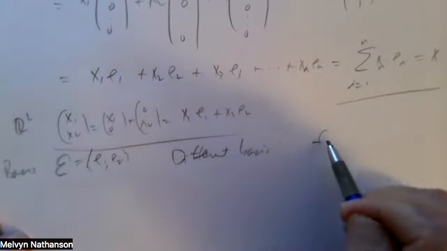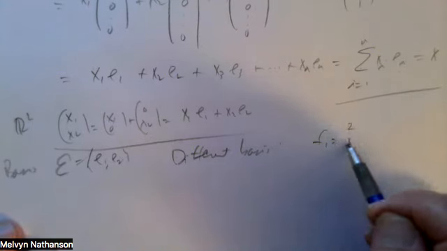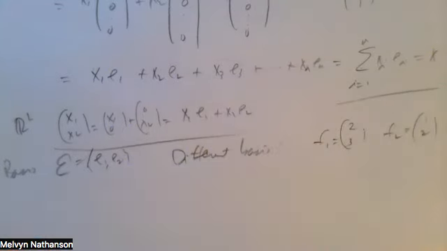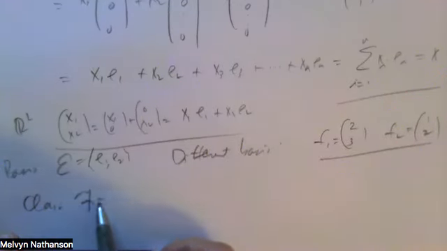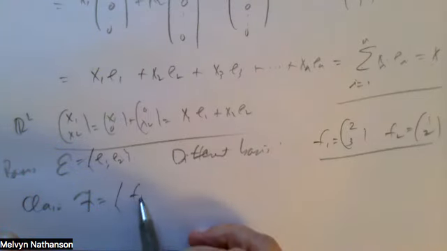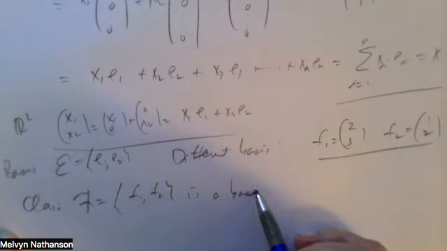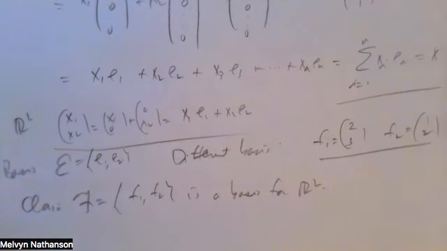Suppose I take the vector f1 to be 2, 3, and f2 to be 1, 2. I claim F, the set f1, f2, is also a basis for R2.